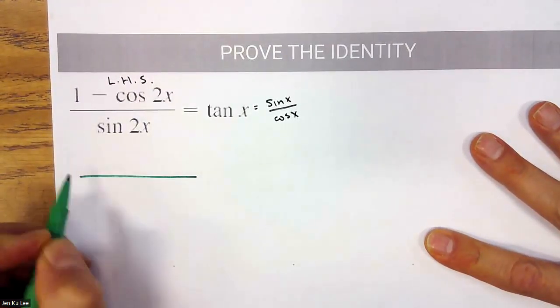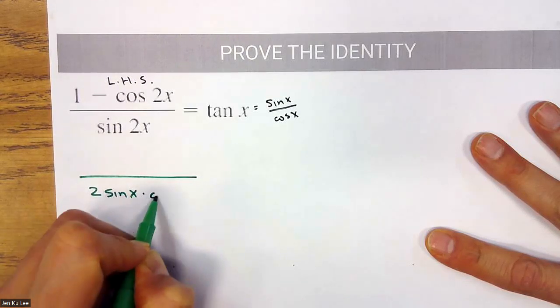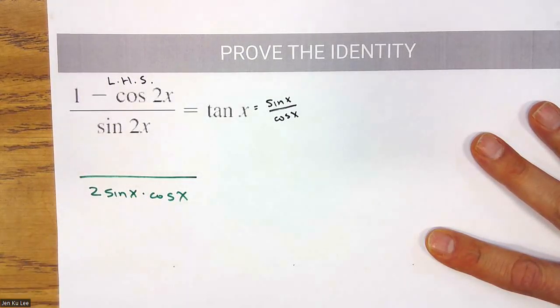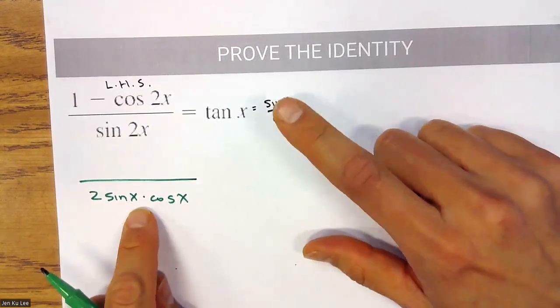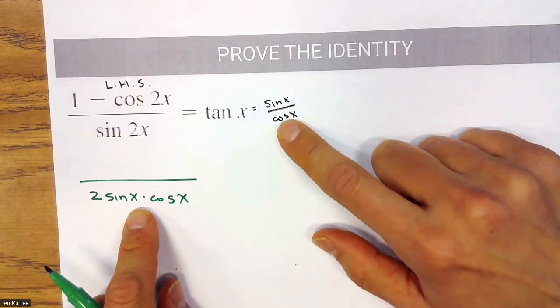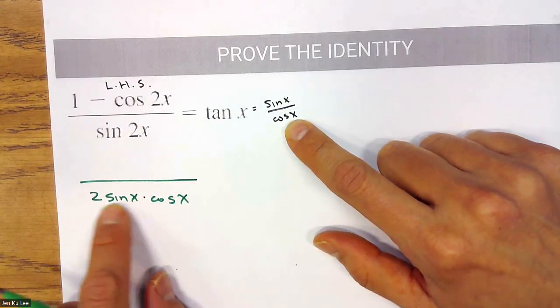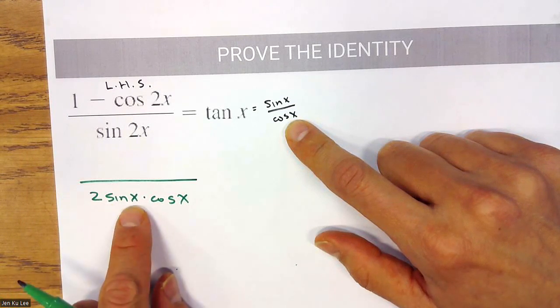All right, so over 2 sine x times cosine x, right? And again, I think to myself, okay, I need sine over cosine. Cosine is my denominator. So I want something to cancel out the 2 and the sine of x.